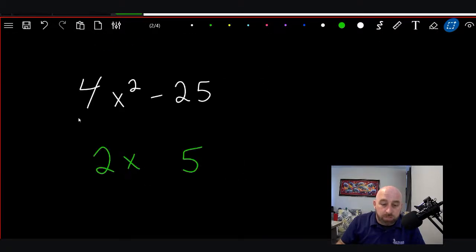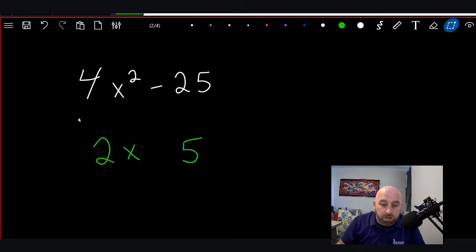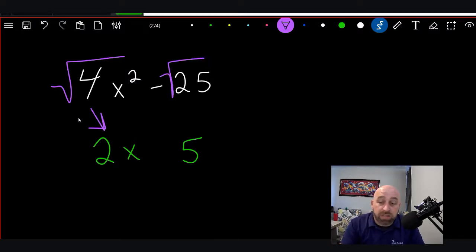All right, let's take a look back at our problem that we were working on right here. So 4x squared minus 25 gives you, so if we take the square root, we get 2x. And if we take the square root, we get 5. So that's step number one, take the square root of those.